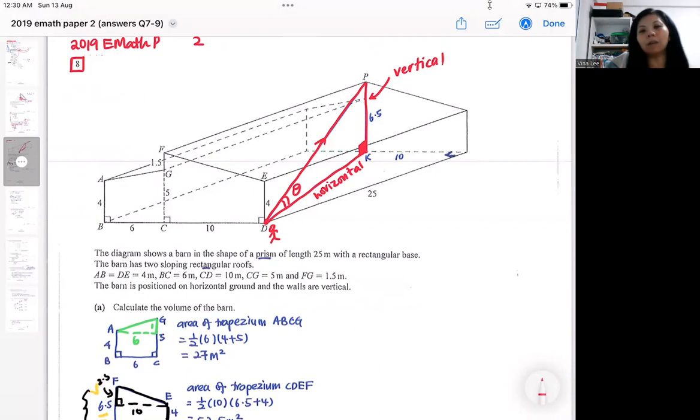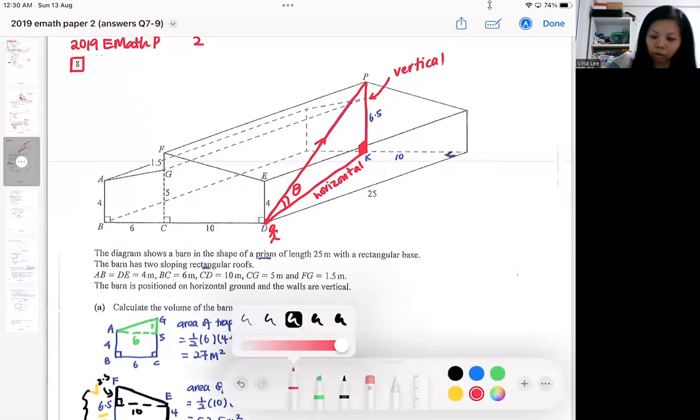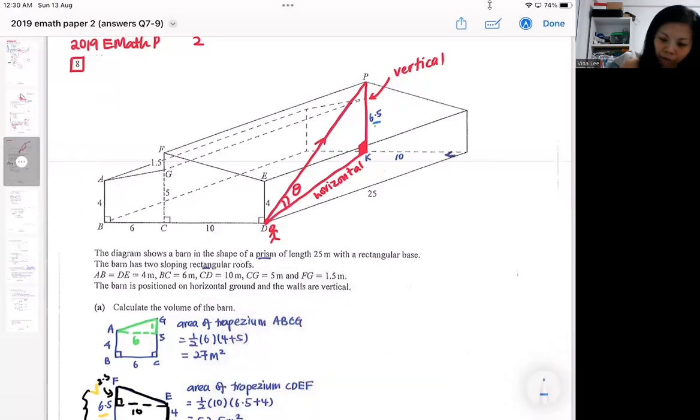If you can come to this conclusion that there is a 90 degree there, the next thing is, how are you going to get the 6.5 here? The 6.5 essentially is this part. Can you visualize? They are actually the same. And this 6.5 is connected here. This is the second half of the bun.